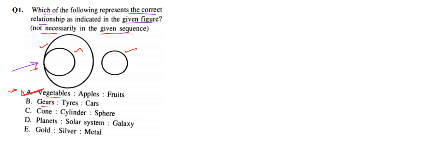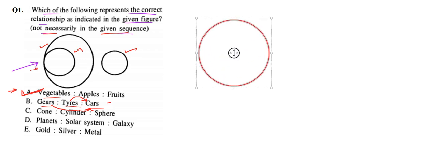Now the second option is gears, tires and cars. We know that gears are a part of a car. We have 5 gears and a reverse gear in cars, as well as tires as a part of a car. We have 4 tires in a car and 6 types of gears in a car. So both of them belong to cars. For this second option we should have an image like this.